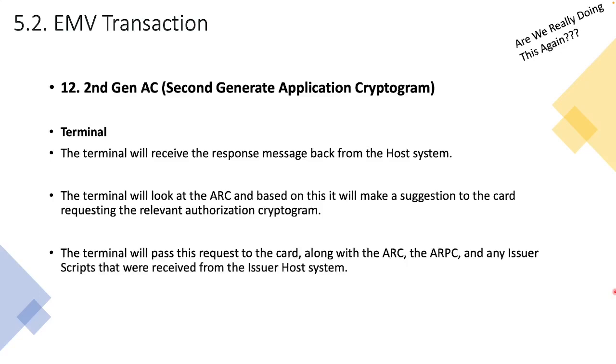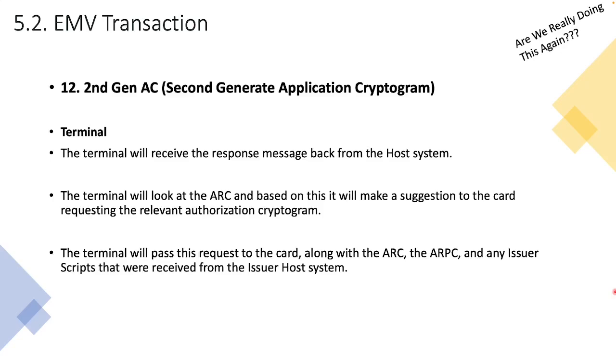The terminal will pass the request to the card, along with the ARC, and it will also send back the ARPC. Remember, in the previous video, we said that the ARQC is validated by the host system, and then the host system will generate an ARPC. This ARPC is then sent back, and so the terminal needs to pass the ARPC to the card, right?